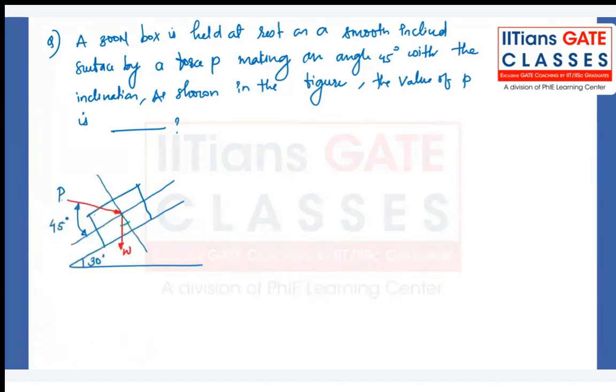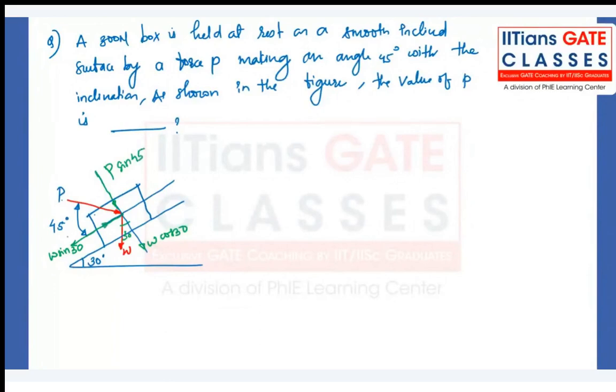So this is W cos 30, and this is W sin 30. Then this P will also create two components: P sin 45 and P cos 45.